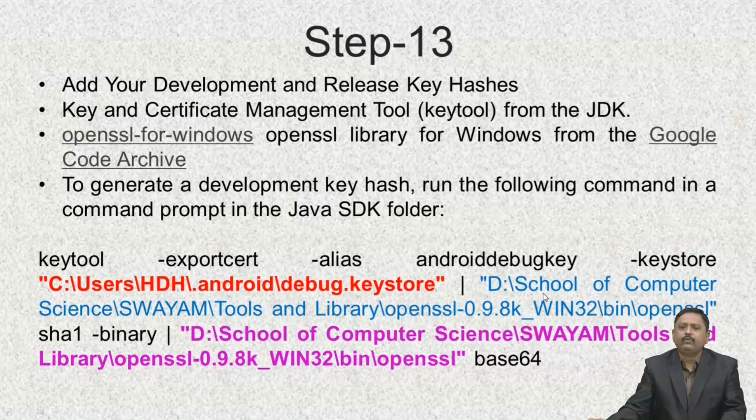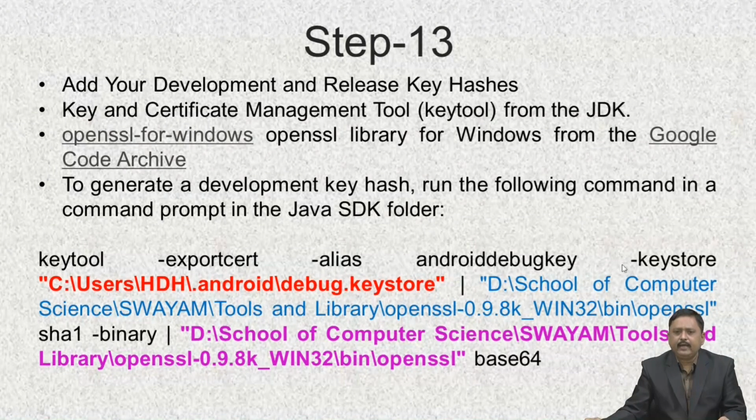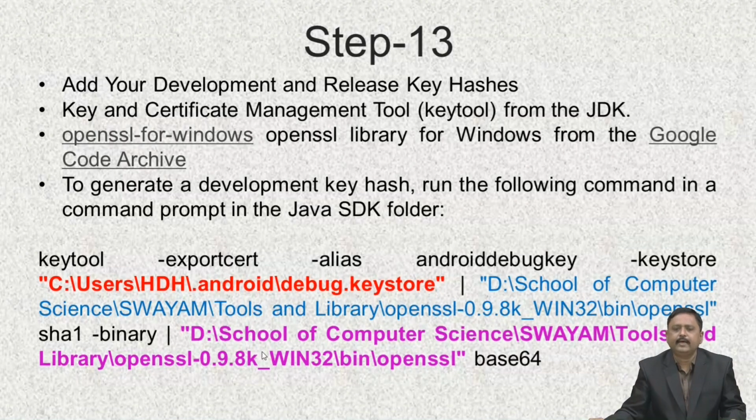Then you have to specify the path of the OpenSSL library which you have downloaded and stored on your computer. So this is my path, right? In blue color is the path of my OpenSSL directory, and the last path, which is shown in magenta color, is again the path to the OpenSSL library, right?